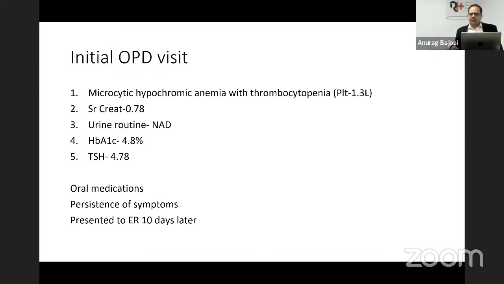So which physician did she go to, which specialty in the beginning? She went to the cardiology department. Okay, so because of this lethargy, weakness, they went to the cardiology department. Now, again, they have done basic workup, which shows anemia and thrombocytopenia. They have done a TSH as well. What do you think is the thing which you would have done better at that point of time?